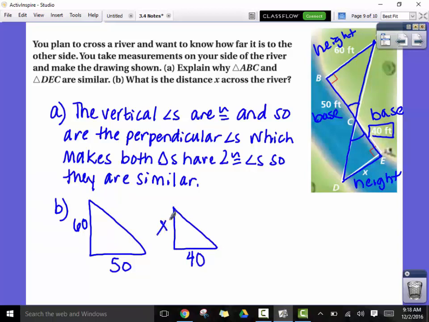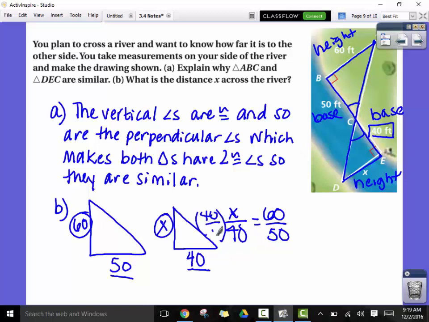Okay, I'm going to make a ratio. So height over base, x over 40, equals, in my other triangle, I have a height of 60 over my base, which is 50. Okay, some of you are probably used to cross multiplying and dividing. You can do that. That works for you. I'm going to multiply by 40 over 1 on both sides.